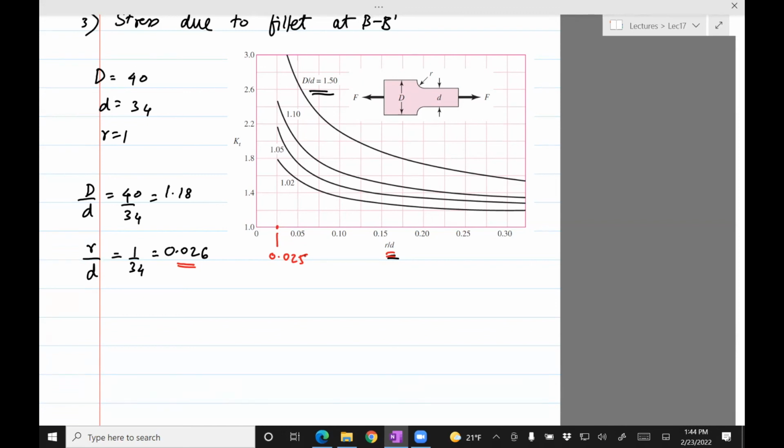And then I need to go to capital D divided by small d of 1.18. But we have 1.1 and we have 1.5. I mean, it's probably somewhere between here and, so there's probably a curve here which is missing.